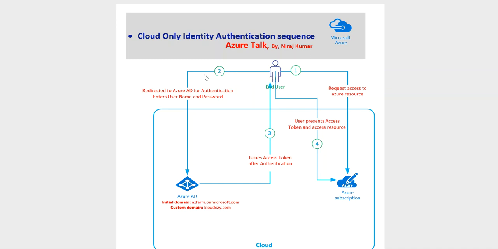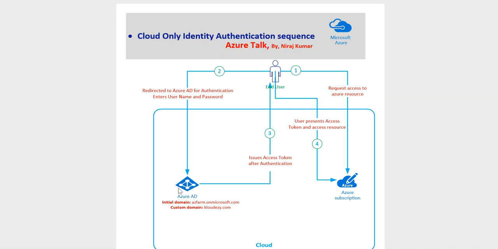You get redirected to the Azure AD authentication portal for login. Once you come to the portal, you type in your username and password, and Azure AD looks up your user ID and password because it's a cloud-only identity. You don't have any identity back to on-prem. So your authentication will happen with Azure AD itself. There won't be any on-prem connectivity.